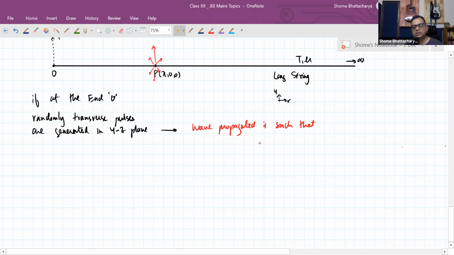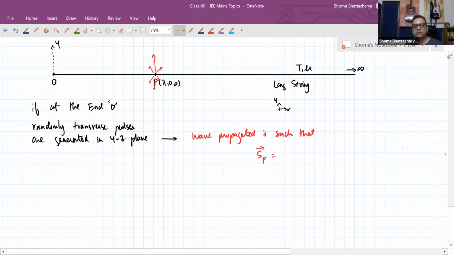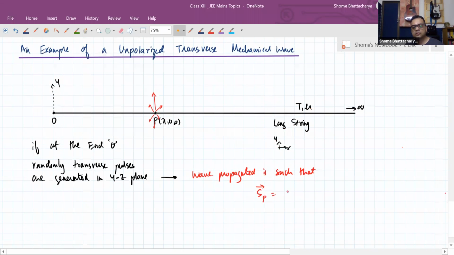The general displacement at this point P will become something in the YZ plane, into some kind of function of x and t.